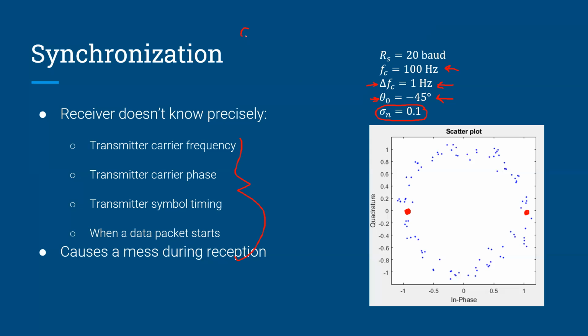If you look at a cosine, for example, you have your 2 pi f_c t plus a 2 pi delta f_c t plus your phase offset. I'll use theta.